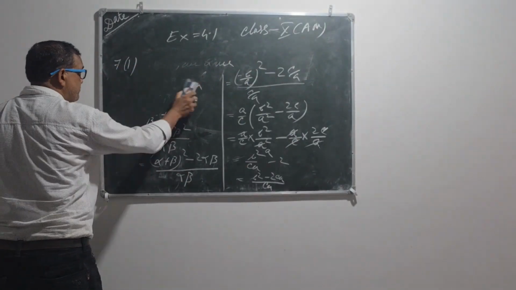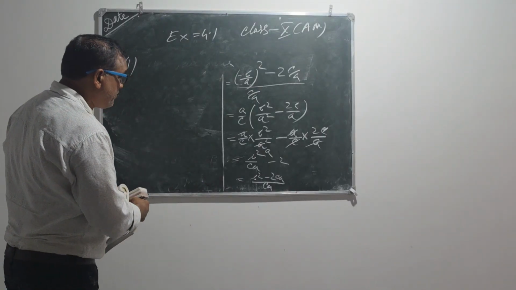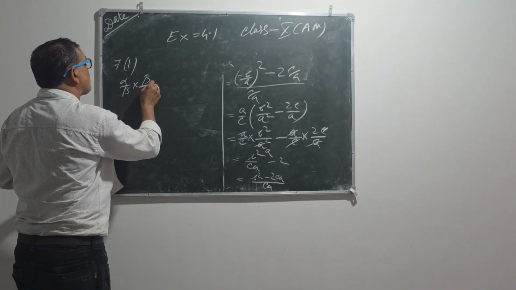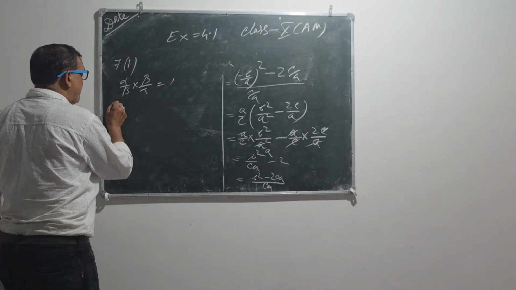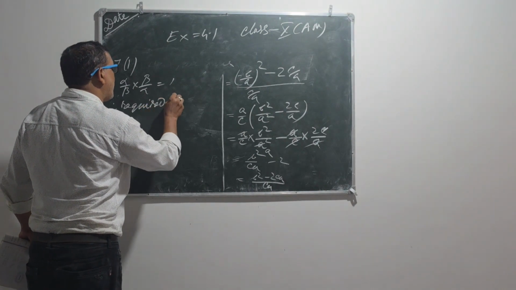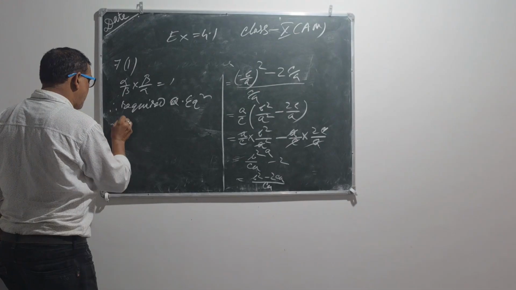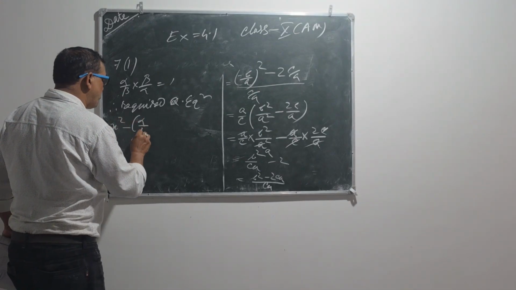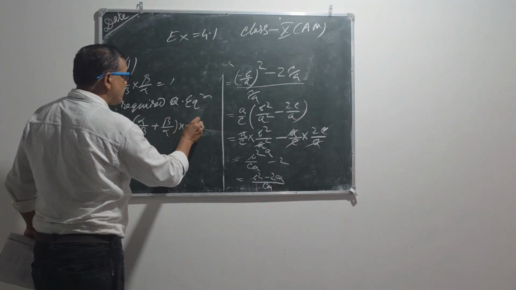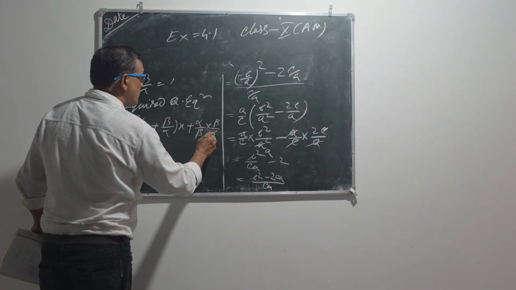So alpha by beta into beta by alpha will be how much? It will be 1. Therefore, the required quadratic equation is x square minus sum of the roots into x plus product of the roots equal to 0.